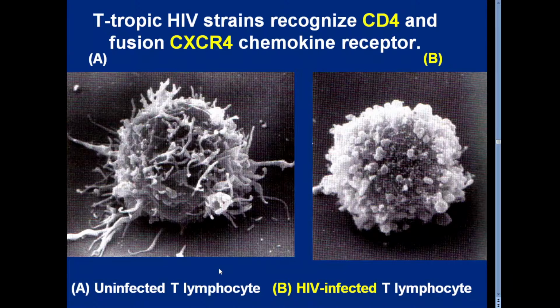On this picture, you can see a normal T lymphocyte and HIV infected T lymphocytes, in which receptors are destroyed, and as we can see, the morphology of these cells changes. These cells cannot work in the immune response.